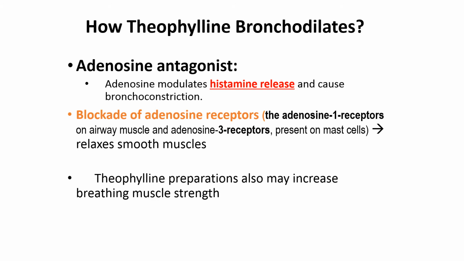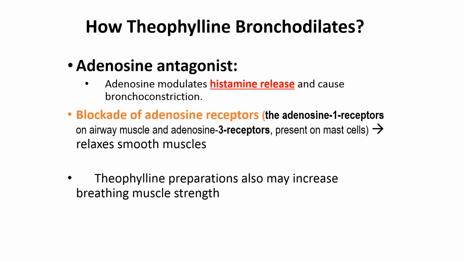Apart from increasing the cyclic AMP level, the other thing that methyl xanthines do is that they block the adenosine receptor. And you must know that adenosine modulates the histamine release, and this histamine release will lead to bronchoconstriction.